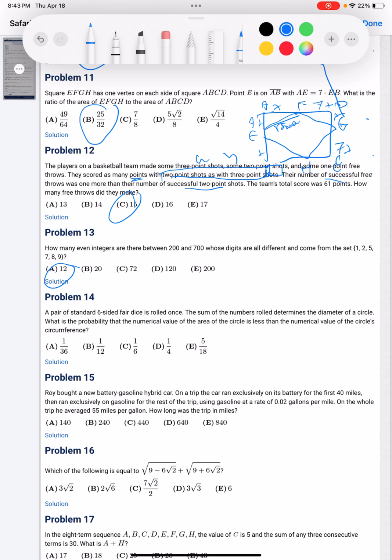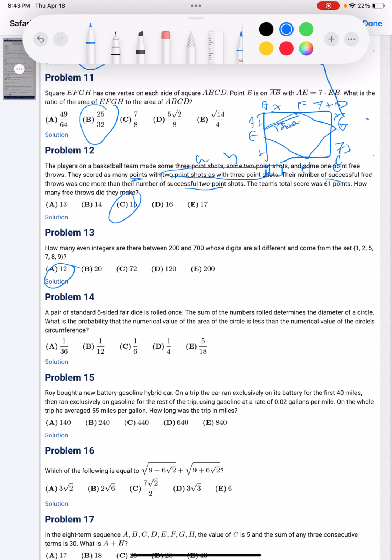Let's see. That one's not going to work. That'd be 4 and 4. It's not going to work. 9 and 6 is not going to work. 16 and 8 is not going to work. 25 and 10.